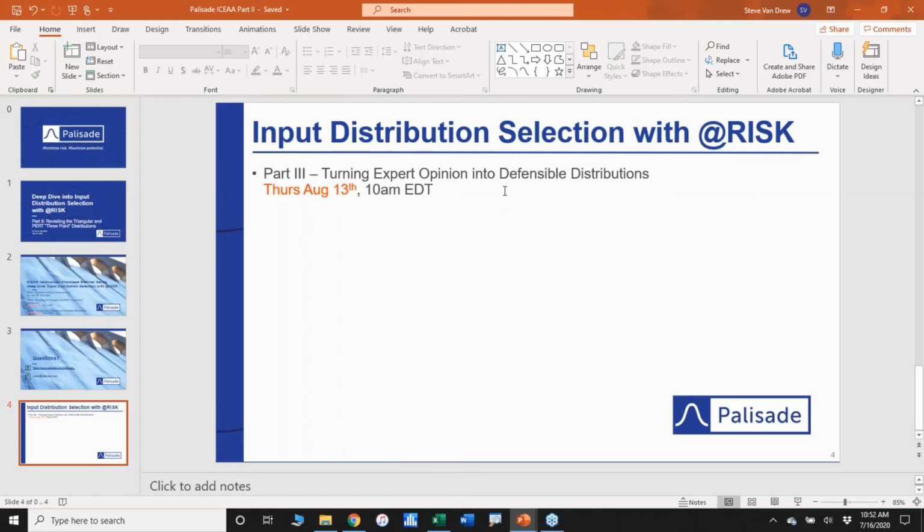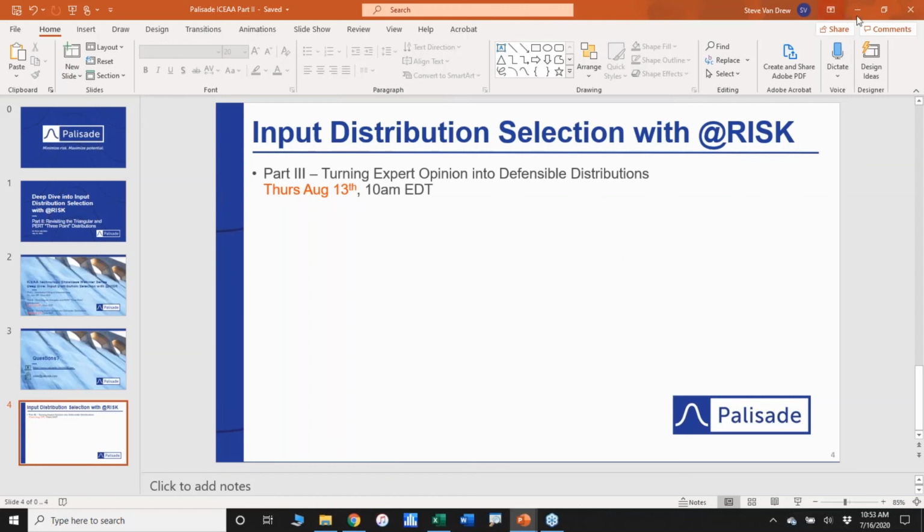It's how to use At-Risk with a very specific way of interviewing experts, taking your question, their answers, and using a feature within At-Risk to give you a defensible way of saying, I chose this distribution from our interview session because fill in the blank. It's not the same as a goodness of fit test. This is actually using root mean squared error, which I'll explain on the 13th, but I hope you come back for that.